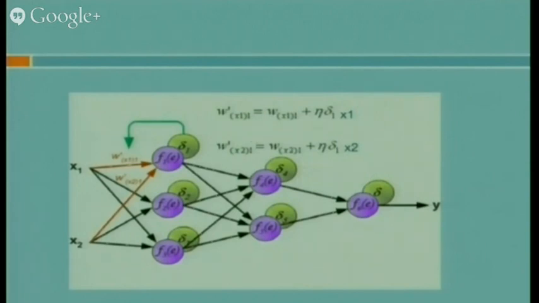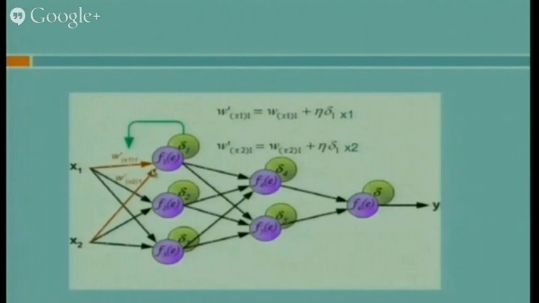The updated weight will be W dash, which is equal to the previous W x1 plus eta, where eta is the learning rate, into delta 1 into X1. Delta we had calculated, eta is fixed, X1 is the input to that neuron for a particular weight, right? So for W x1, we are just adding the present weight with this term, which is eta into delta into input.